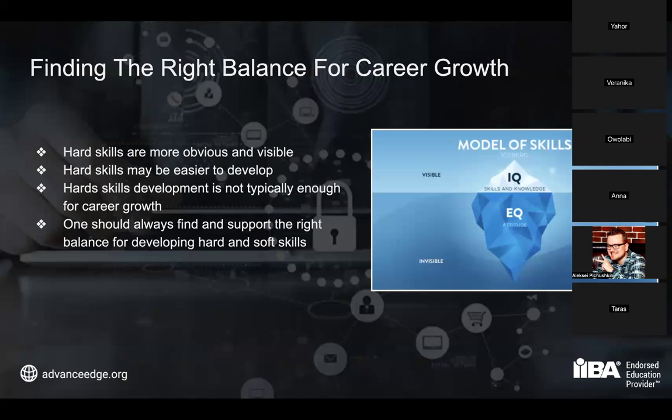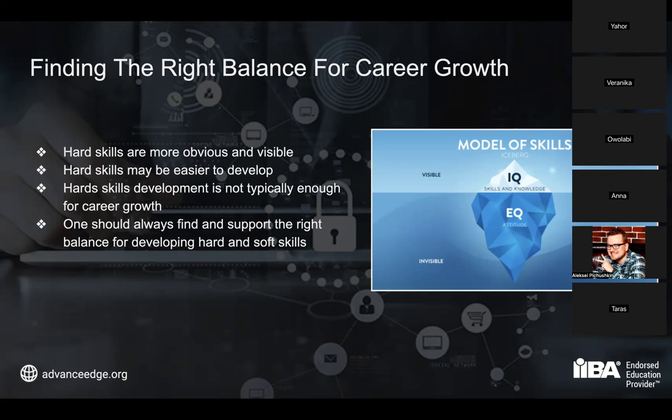The soft skills are less visible, they are not measurable, and it is hard to recognize that you are probably lacking some of the soft skills. It is not enough for that professional growth that we were talking about at the beginning of this webinar to just focus on developing one category of your skills.